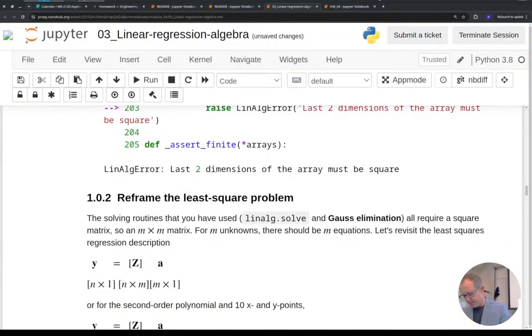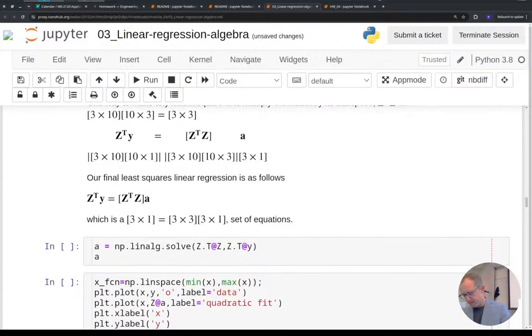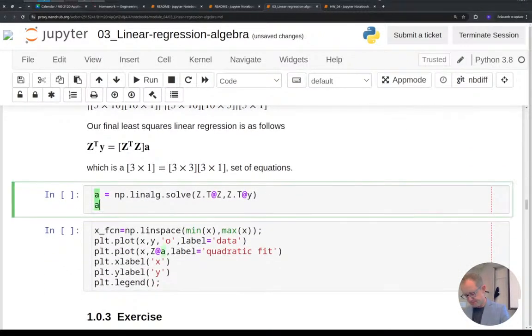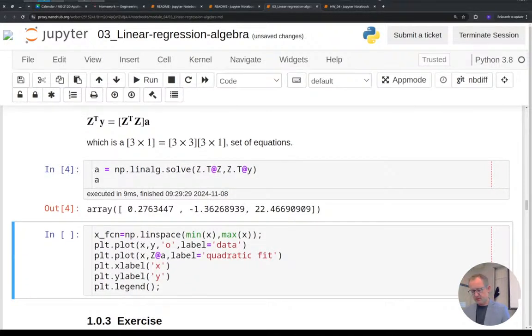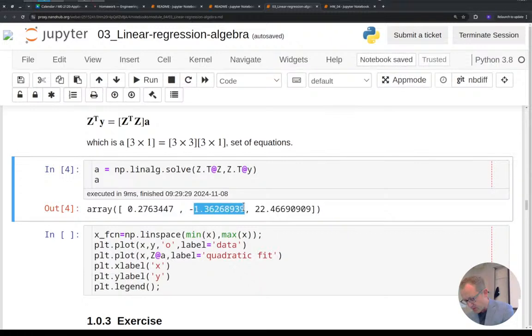Exactly. So when we solve A equals all that stuff, the linear regression formula, this is our coefficient for the x squared term, and then this one is for slope, and the last one is the initial value, the intercept.